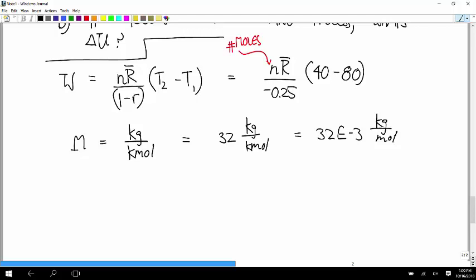We have a total of 0.4 kilograms, so the mass is equal to 0.4, and that is 32 times 10 to the minus third times the number of moles.